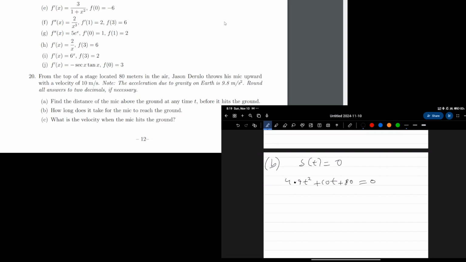Please know the quadratic formula. In my test three, me personally, I had to use the quadratic formula. Know the quadratic formula. You're in Calc 1. You should know the quadratic formula. It is minus b plus minus root b square minus 4ac over 2a, whether it's t or x or anything.